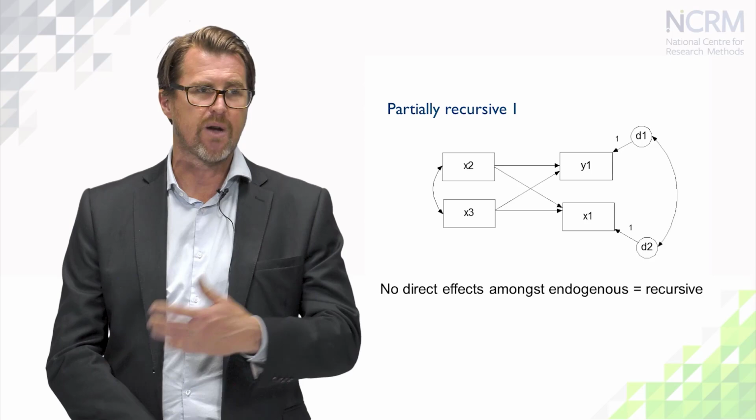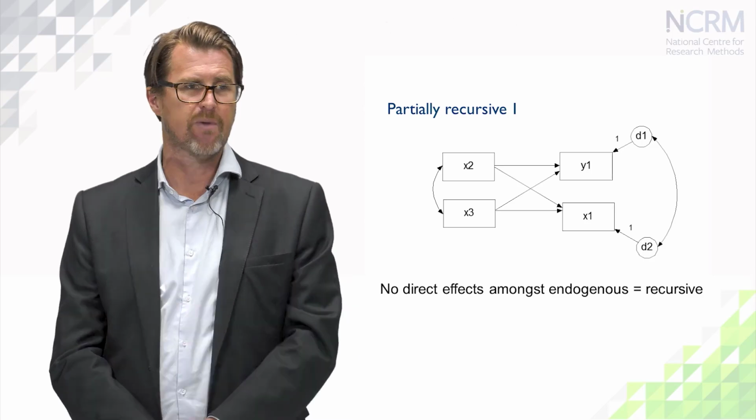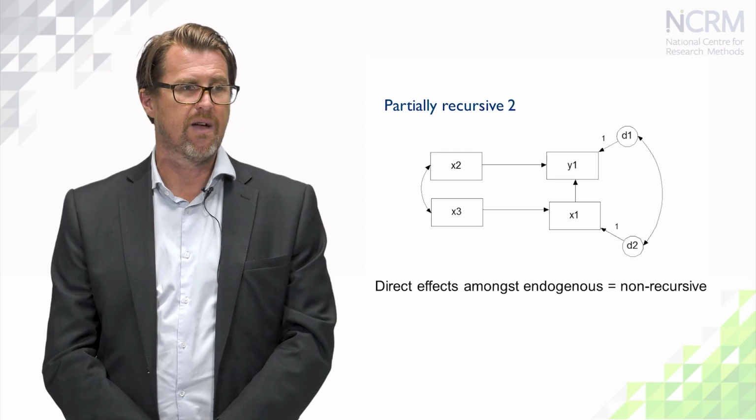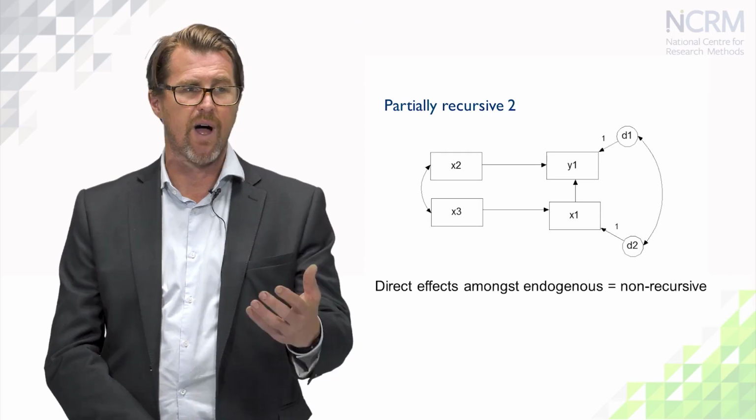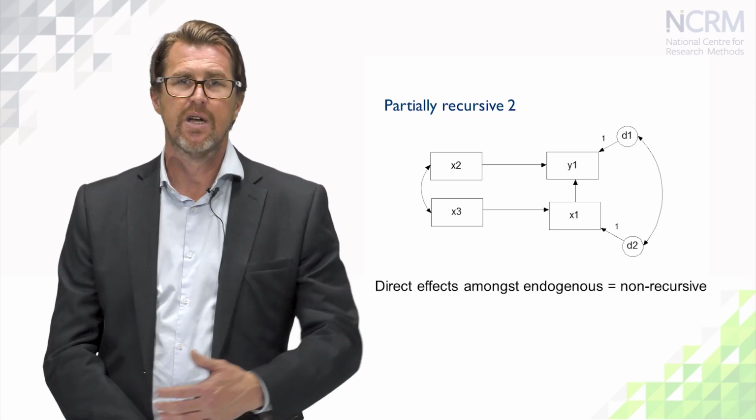So in this case we can treat this in terms of identification as a recursive model, but here we do, in this diagram, have a direct effect amongst the endogenous variables. We have a regression of y1 on x1, and we then also have this disturbance term correlation. So this would be treated as a non-recursive model.